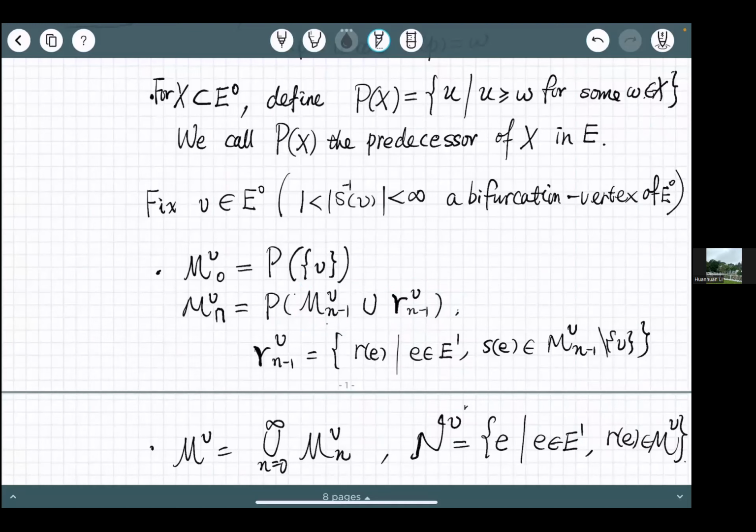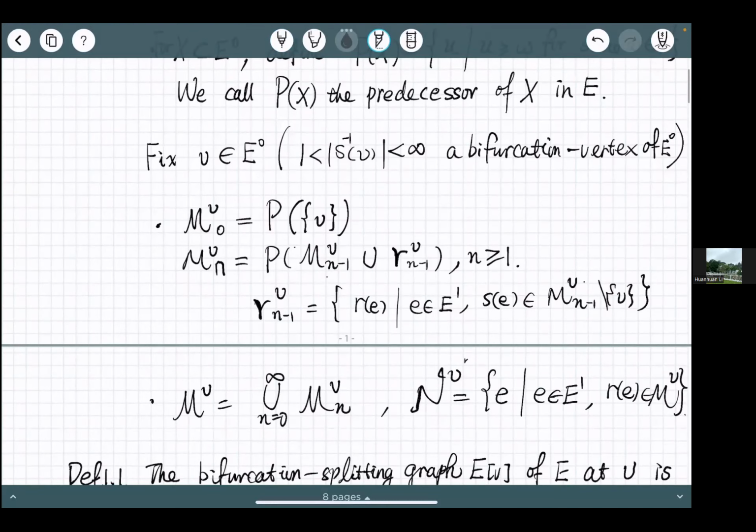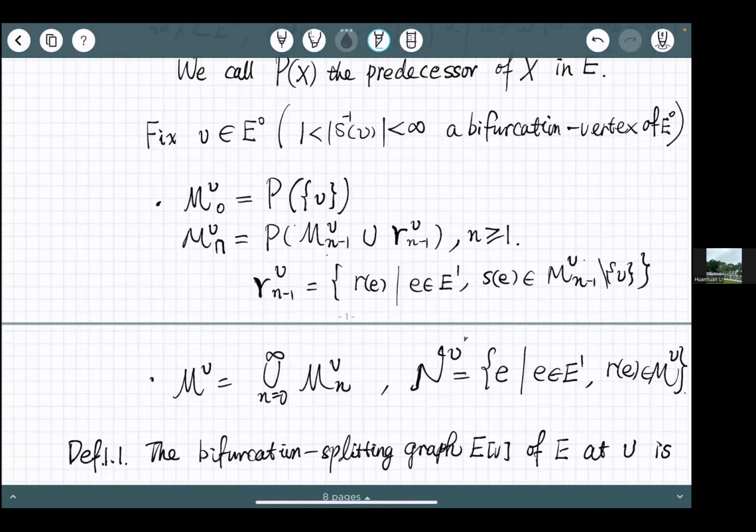Now this n is greater or equal to 1. Then for any n greater or equal to 0, we have M_n^v, which we defined above.